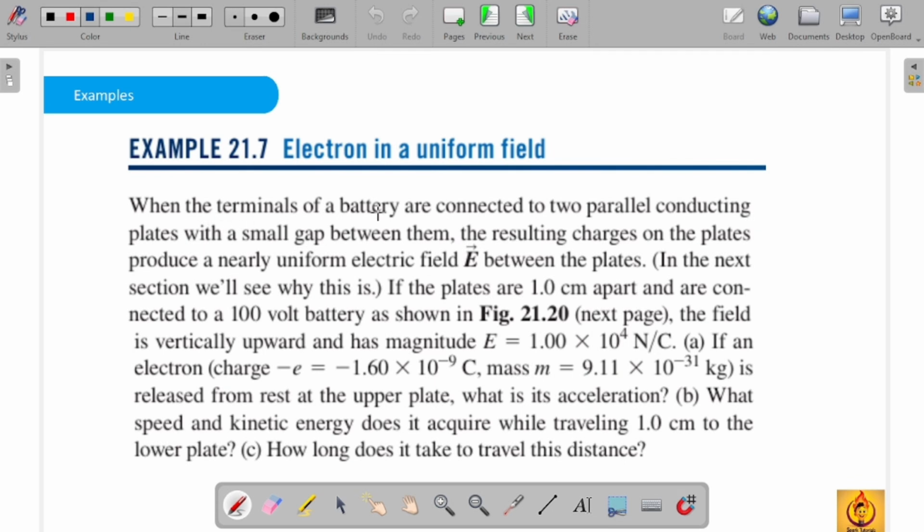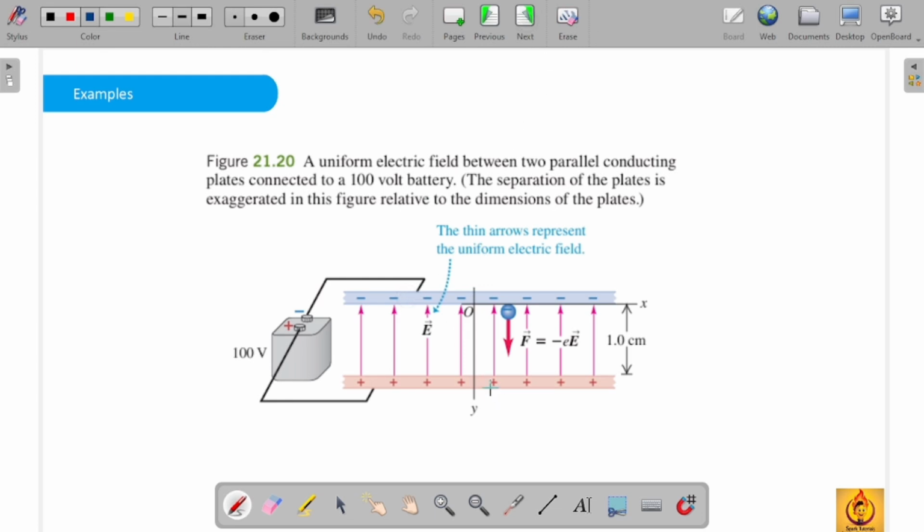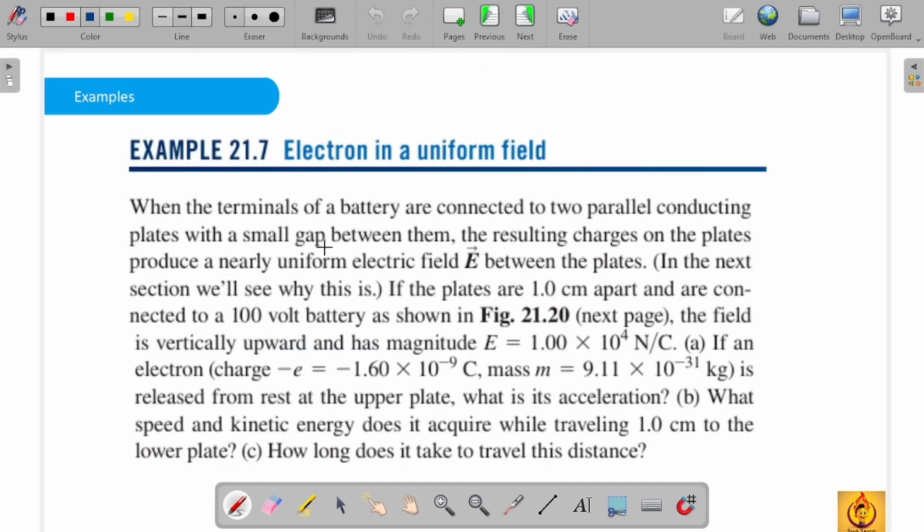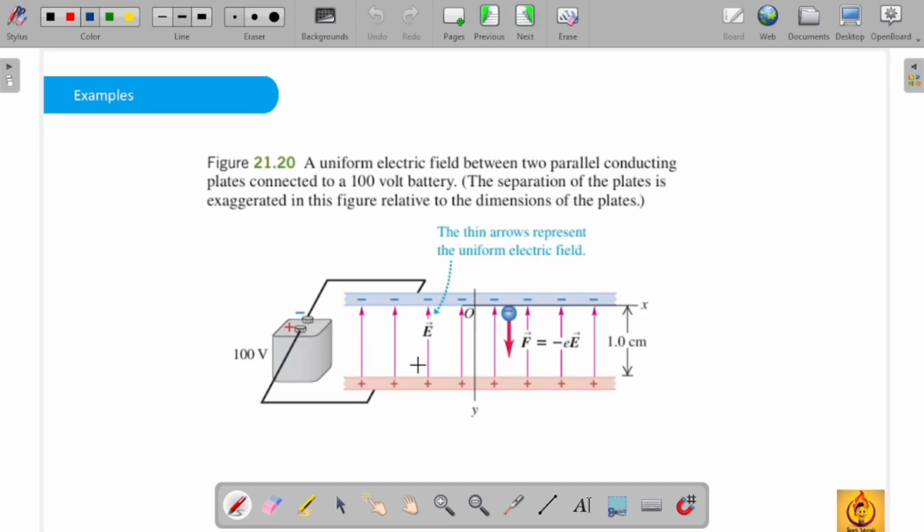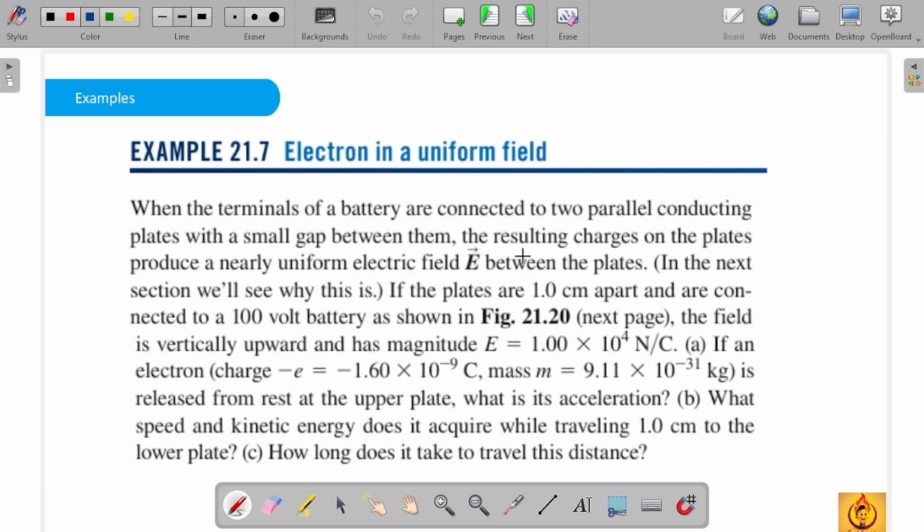When the terminals of a battery are connected to two parallel conducting plates, leaving a gap between them, the resulting charges on the plates produce a nearly uniform electric field.